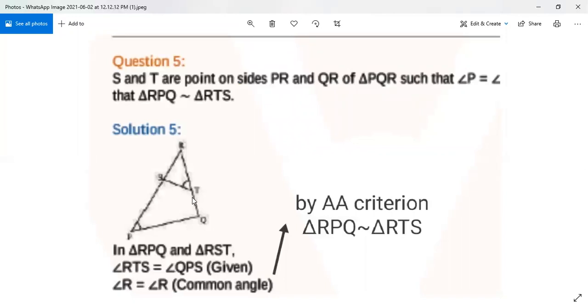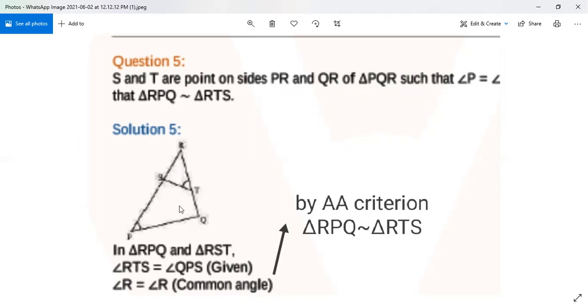So for these two triangles, we have been given that angle RTS is equal to angle QPS. All right, and angle R is common to both the triangles.